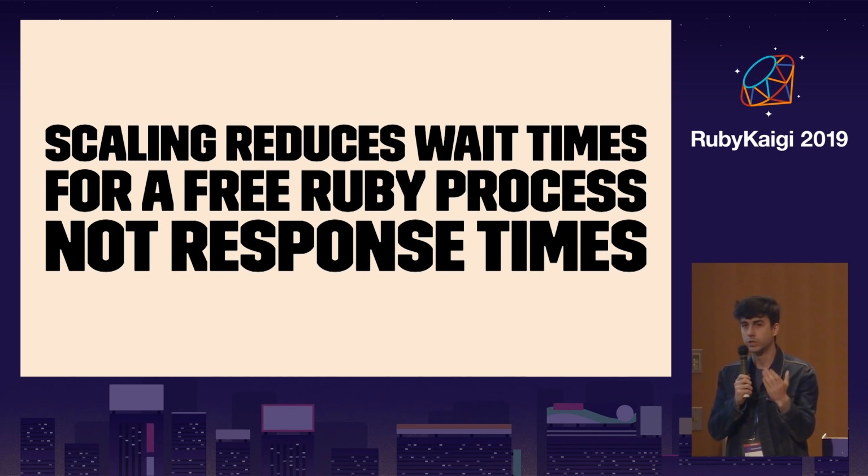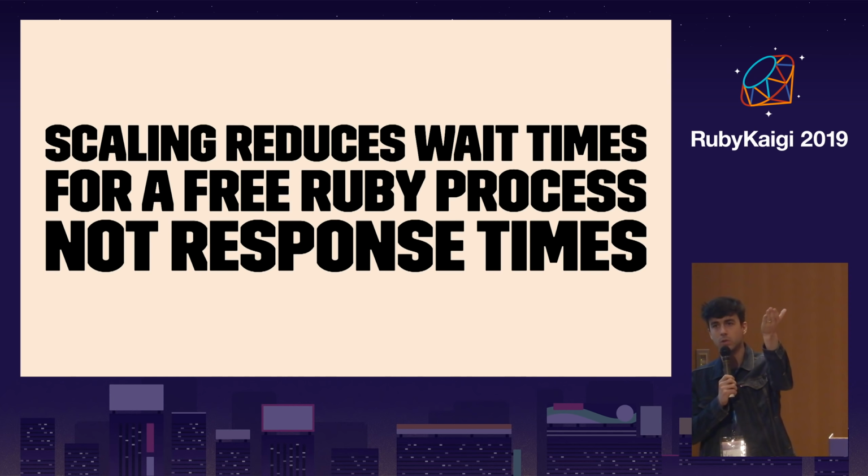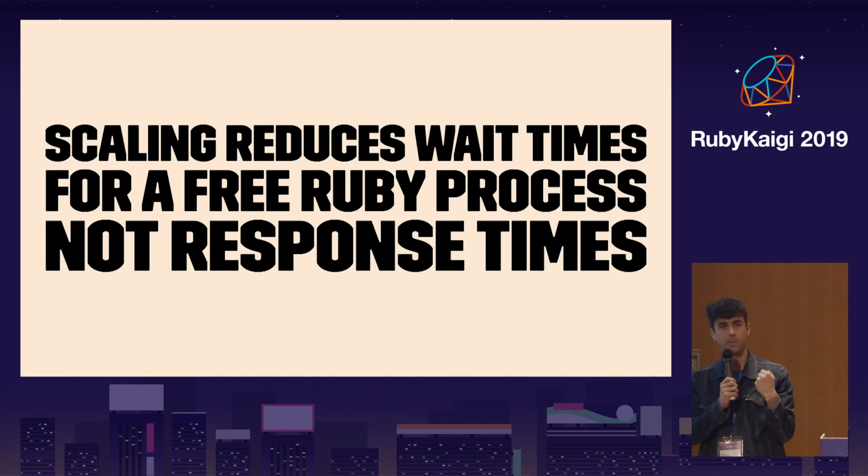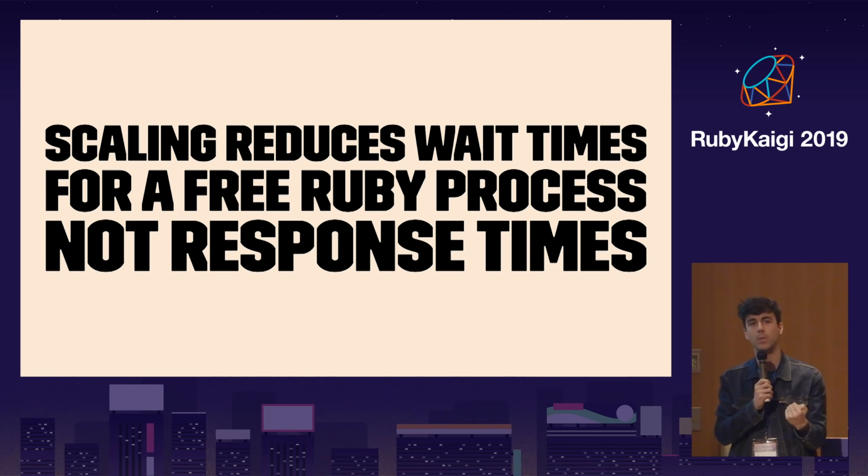When we're scaling up the number of Ruby processes, all we're doing is trying to reduce the probability that a request arrives at a server or a dyno or whatever, and there are no free Unicorn workers or Puma workers ready to pick up that request, okay? We're just trying to reduce that probability.